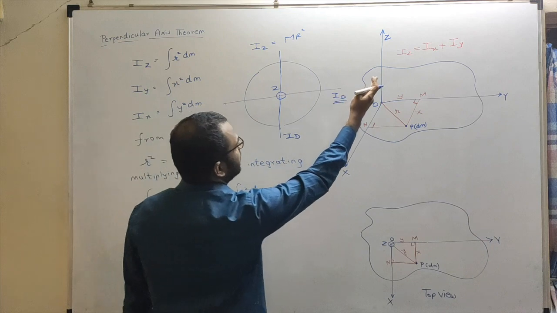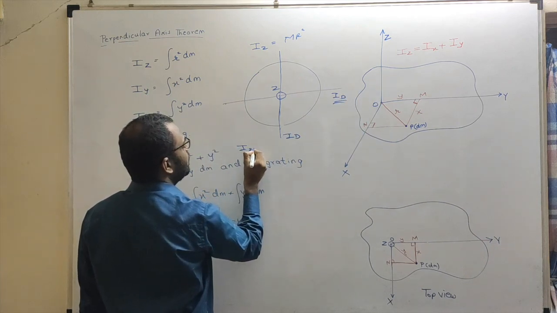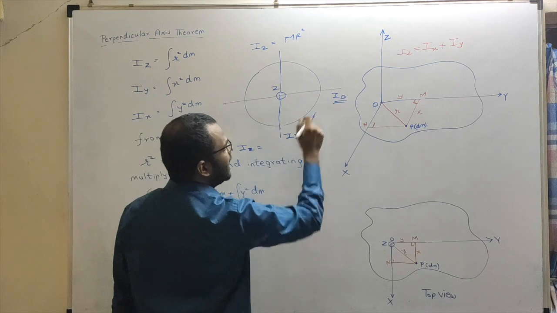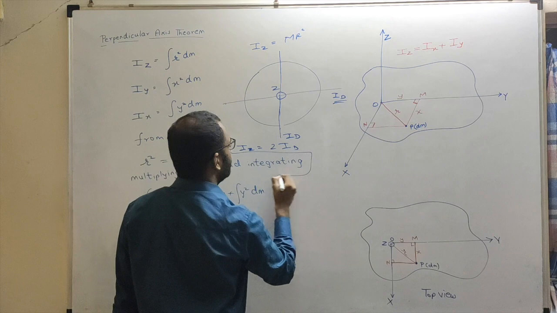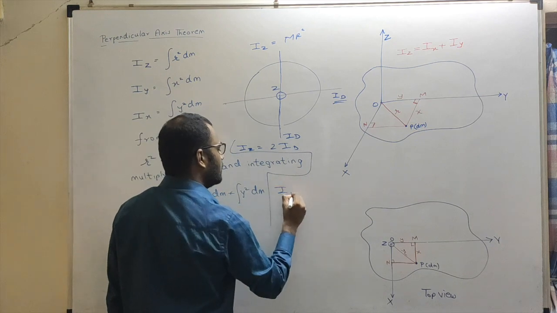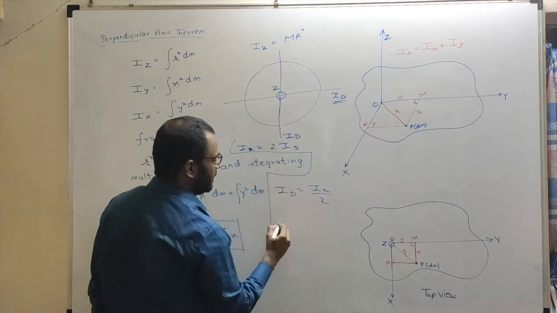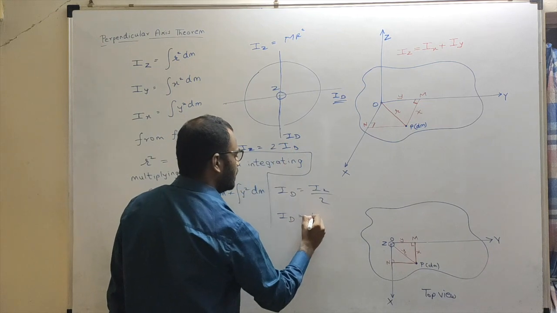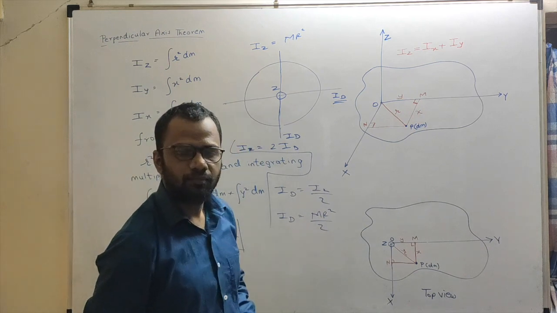So from this result we can easily write down Iz is equal to ID plus ID, that is 2 times ID, right? So ID will be Iz upon 2, but Iz is nothing but mr square. So ID will be mr square by 2.